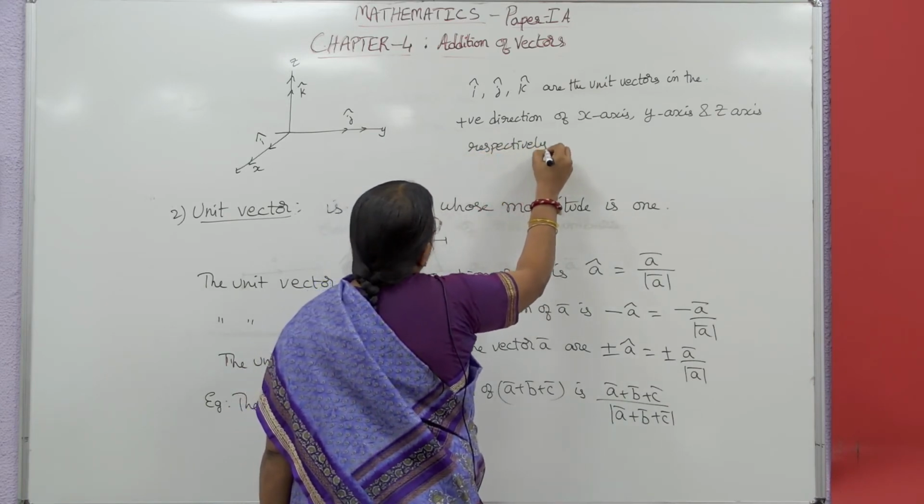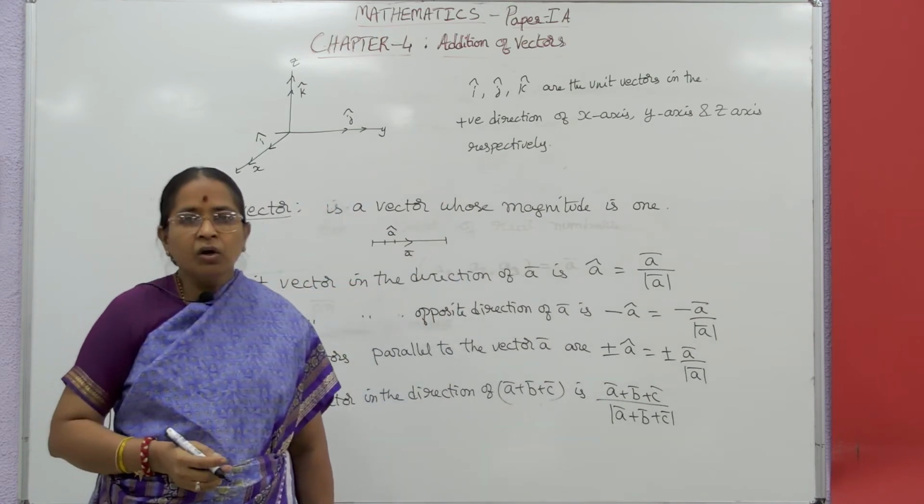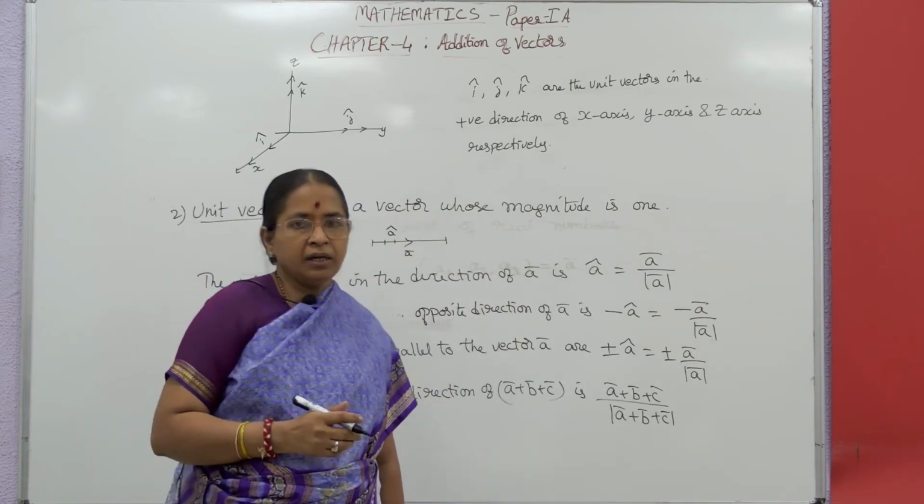So these are the unit vectors along the coordinate axes i, j and k.